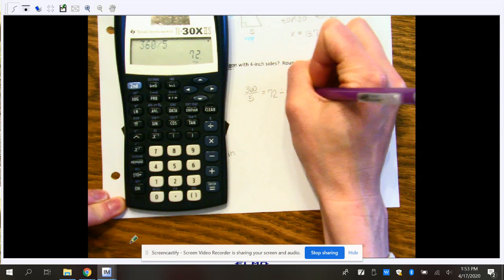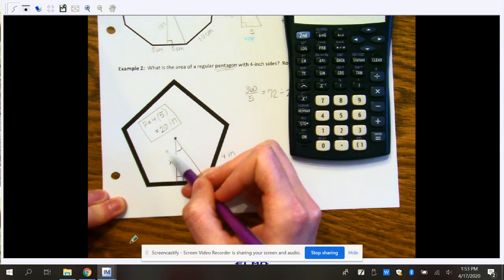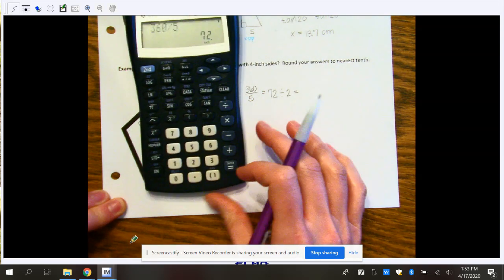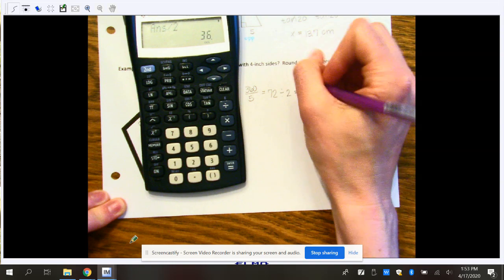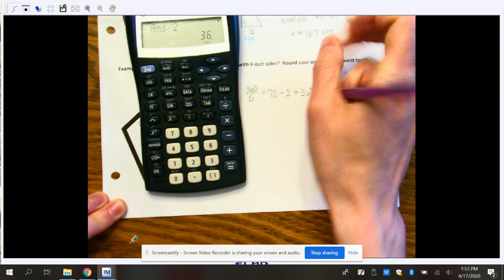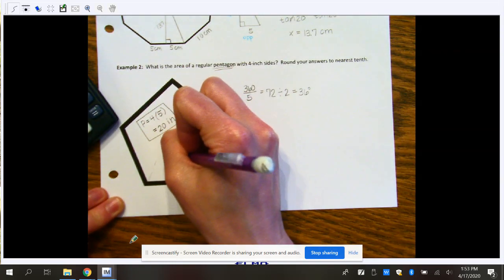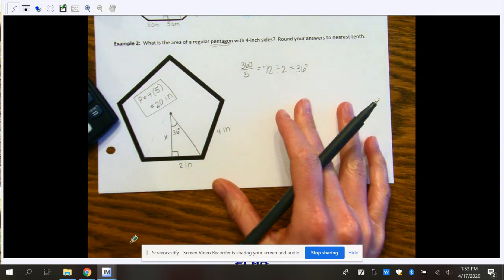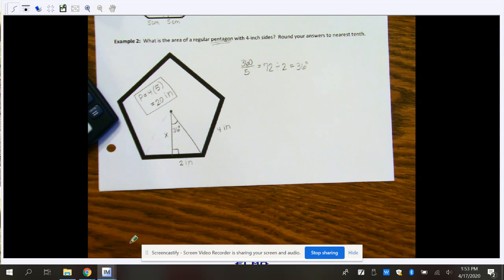And then I'm going to cut that in half because this whole angle right here is being bisected by the apothem. So that means that inside angle is 36 degrees. Okay, that's big enough. I'm not going to redraw that out. I'll just keep that here.